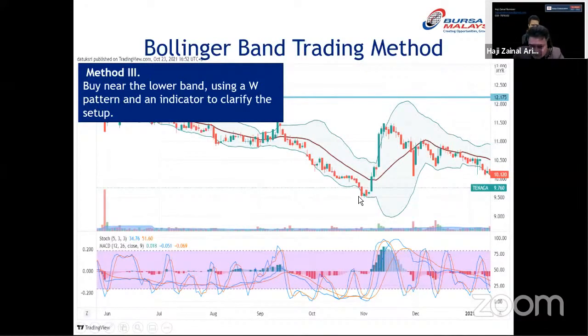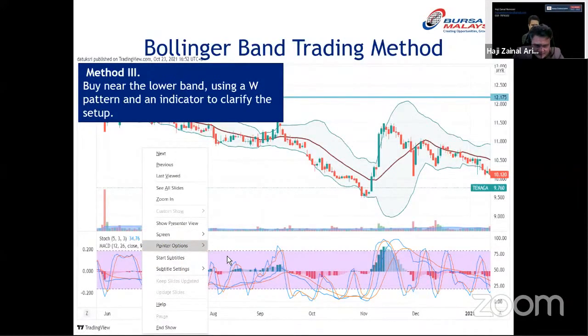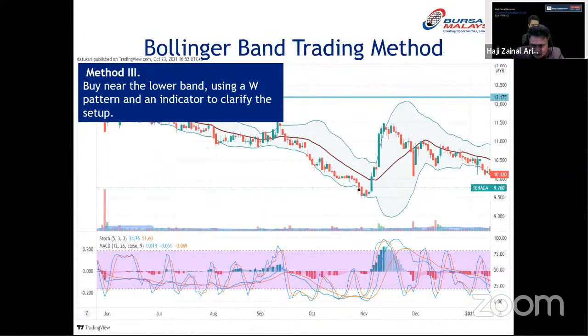If you look at it closely, here is the W. You see there is a W here, and another W there. The second leg of the W is inside the band. That is where we see that the price is going to reverse. The first leg of the W is outside the band, and the second leg is inside the band.